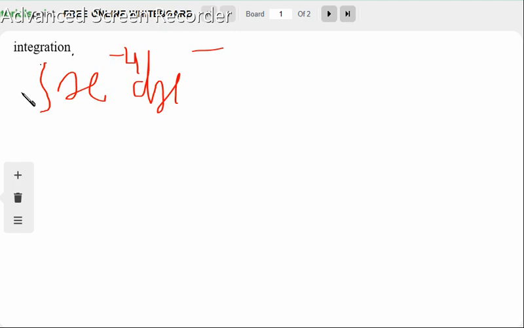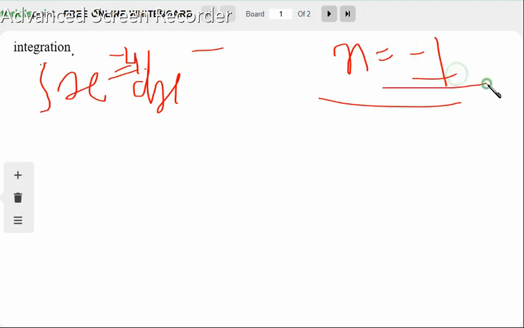Here many of you get distracted or find it hard because of this negative exponent, as they think the exponent is not allowed to be negative. But it is said the exponent is not equal to minus 1. It is not said not equal to any negative exponent.